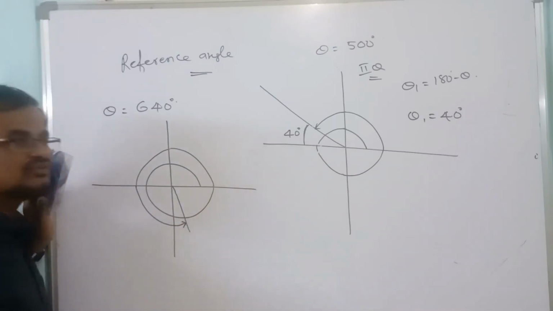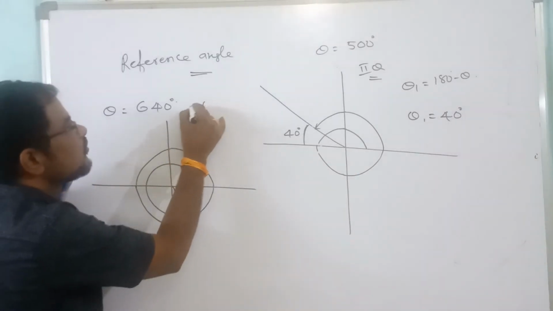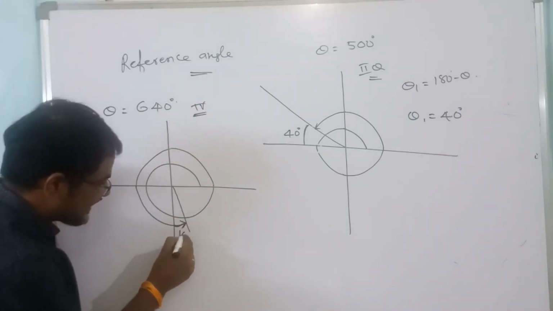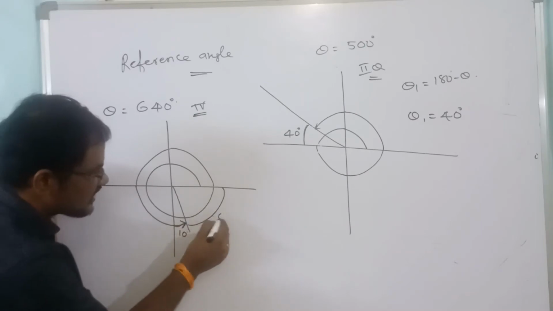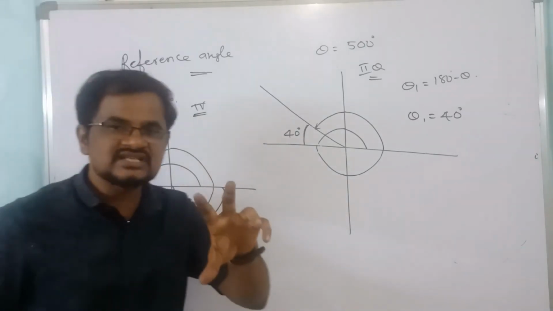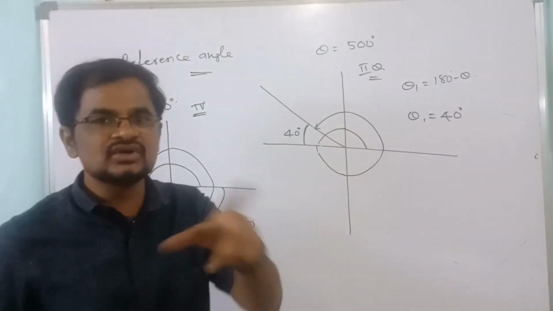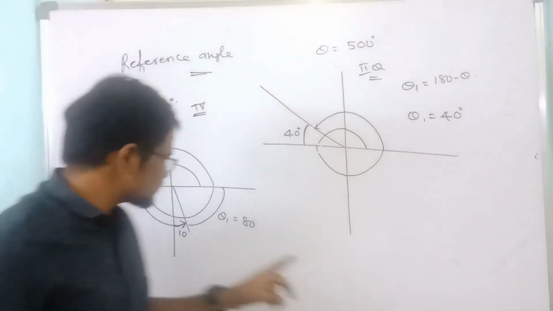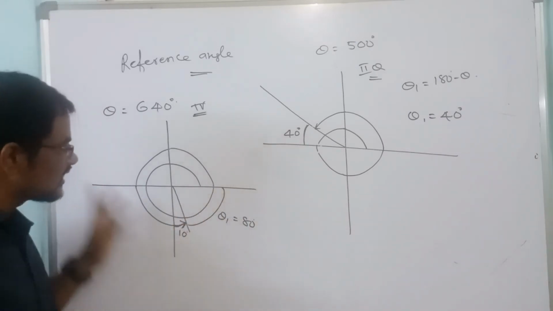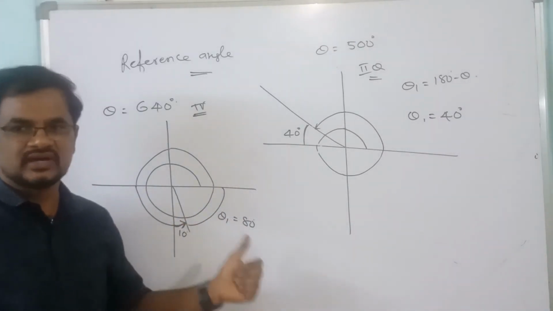So angle lies in which quadrant? This is fourth quadrant. So here to here it is 10 degrees, means definitely what reference angle we have to take? 80 degrees, because total 90, reference angle should be between 0 to 90. So that's why here 10 means here to here 80. So total 90. Like this we have to take.